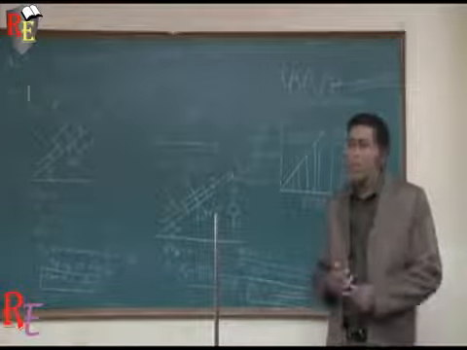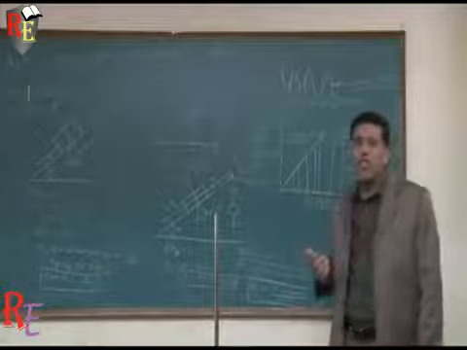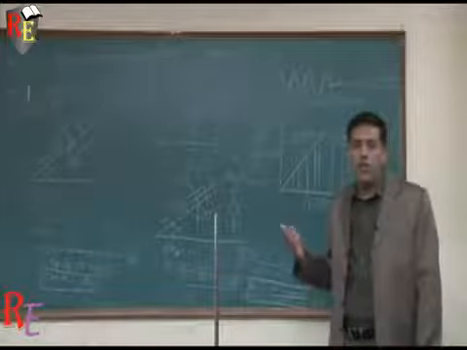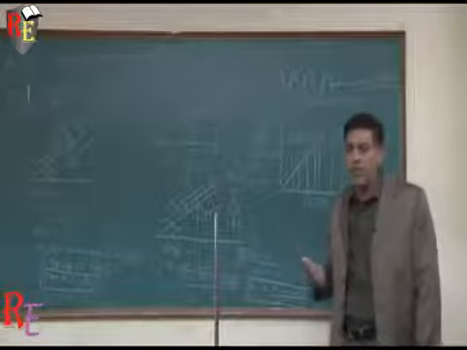Now, one question that also arises is what is the nature of this force of friction: whether it is a fixed force or a variable force. It is a variable force.